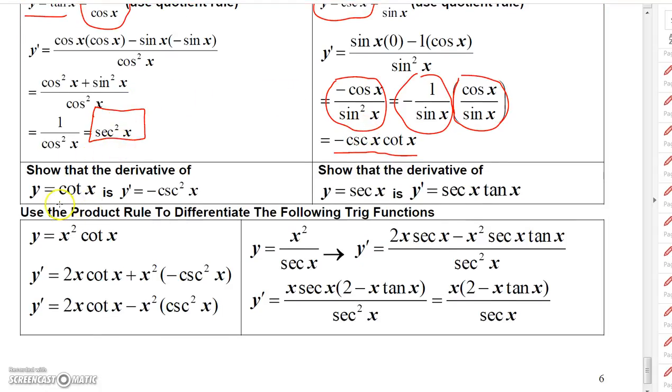You can use similar techniques to show that the derivative of cotangent x is minus cosecant squared x, or that the derivative of secant x is secant x tangent x.